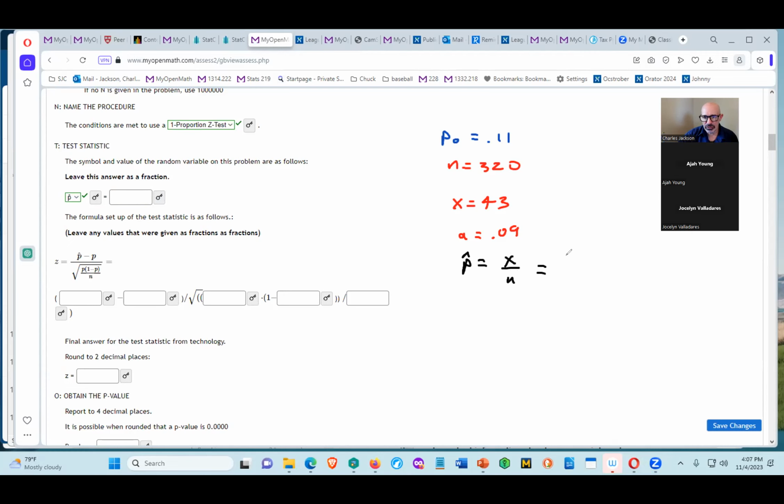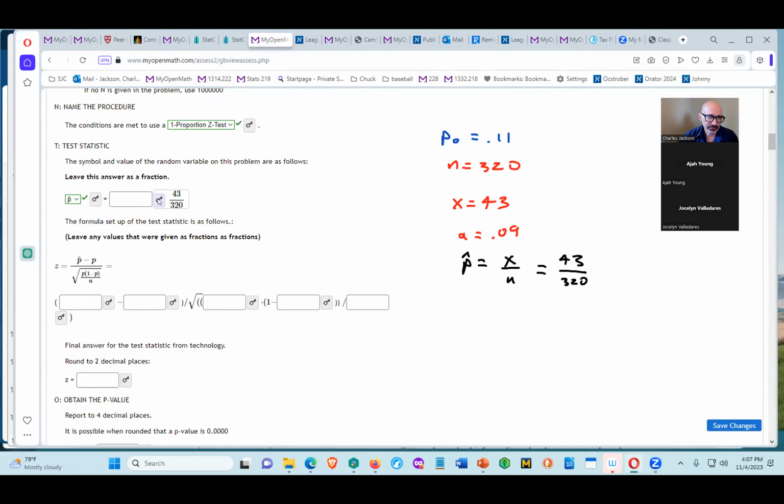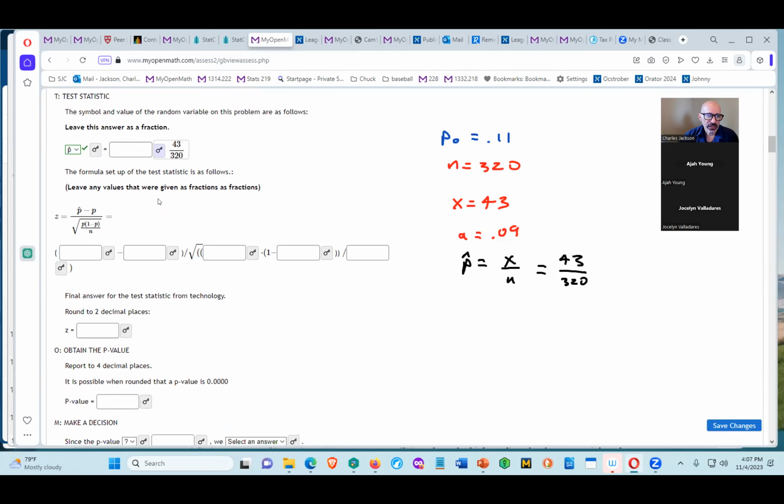Yeah. So 43 over 320, which they probably want as a decimal. No, it said leave it as a fraction. Oh yes, it does say that. Okay, good.